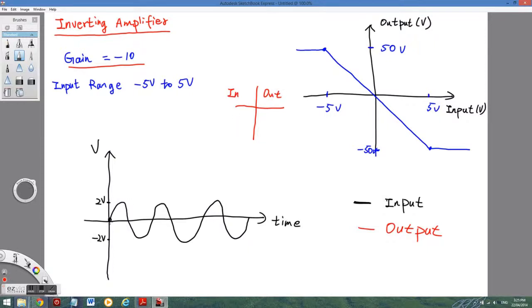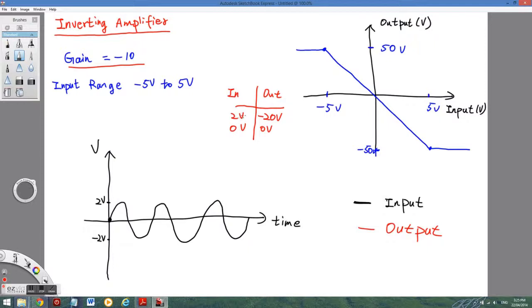So when the input is 0, the output, 0 times minus 10, must be 0, they must be the same. However, when the input is 2 volts, let's look at the graph, 2 times minus 10 will be minus 20 volts. It will be a minus value.